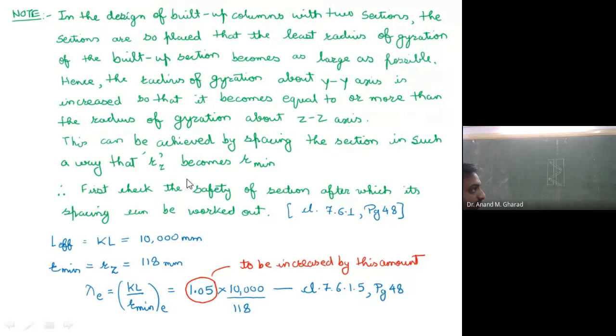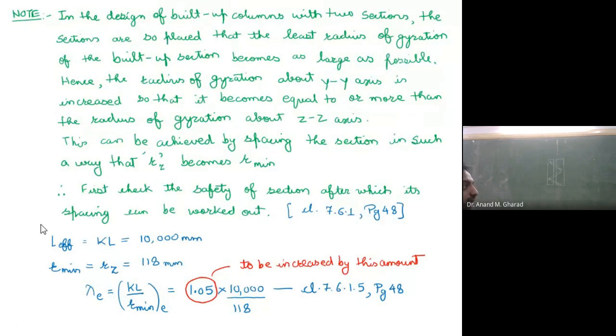So as per this note, what we will do, we will convert the R minimum to maximum radius of gyration value, or we will equate it. Okay. So for R minimum equal to RZ, this value is 118 mm. L effective value we have already evaluated depending upon the boundary condition or the end condition.